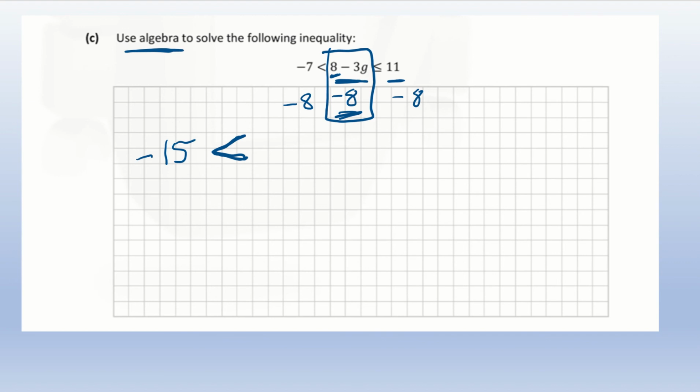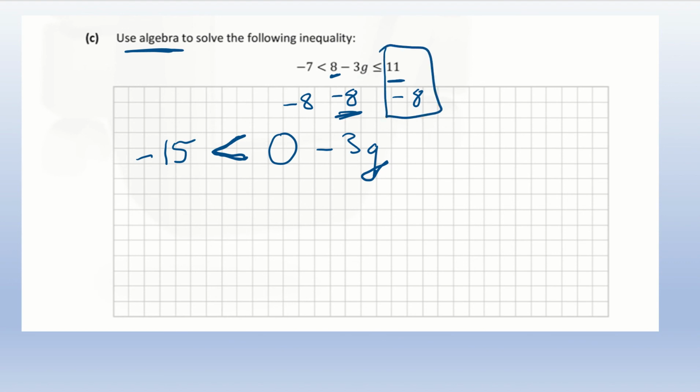Seeing as it's just 0, I'll put it down here, but I'm not going to include it in the following lines. And I still have my -3g. At the very end, I have 11 take away 8, which is going to be 3. And I have my inequality sign there.